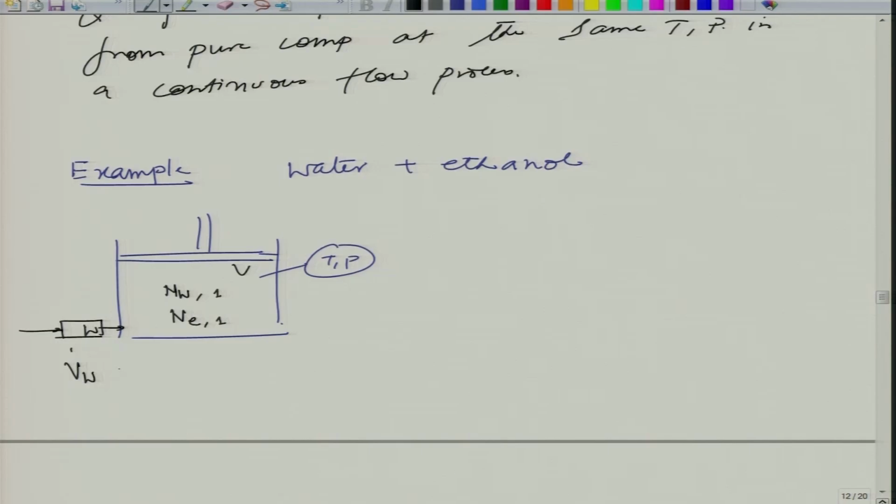For the pure case, we know it comes to about 80 milliliter per mole. Now, this is the initial state, and we will take a case where we have added a small amount of moles to the volume. Let me draw it again here.